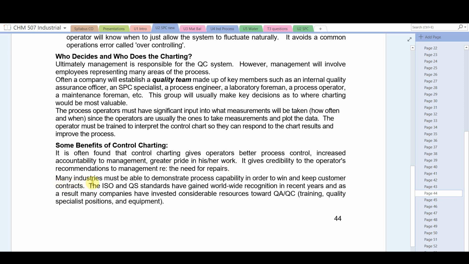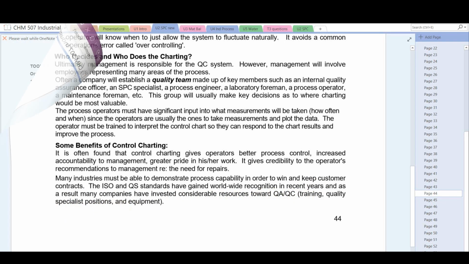Furthermore, many industries must be able to demonstrate process capability if they're going to win and keep customer contracts. The ISO and QS standards, they've gained worldwide recognition in recent years, and as a result, many companies have invested considerable resources towards QC, QA training, quality specialist positions, and equipment.